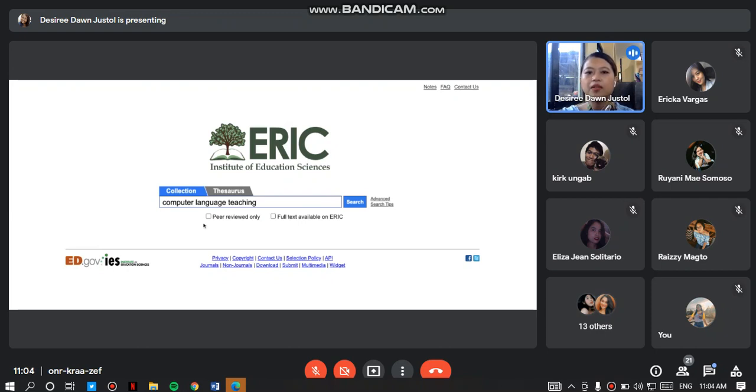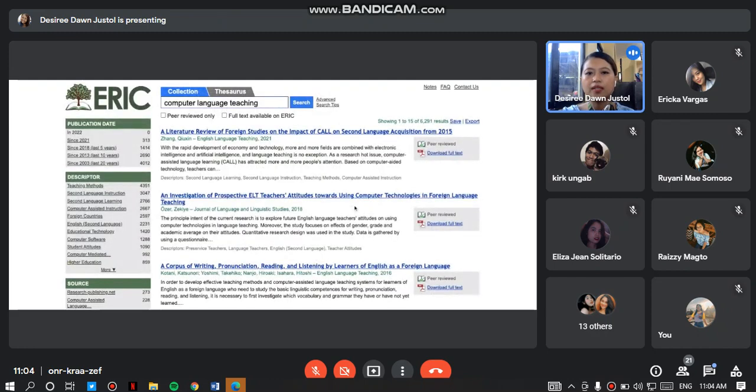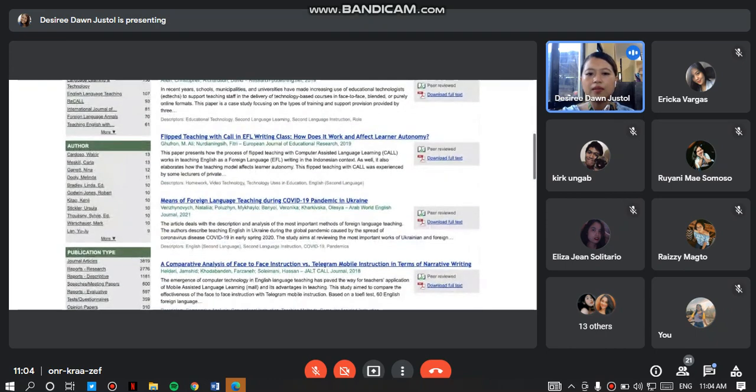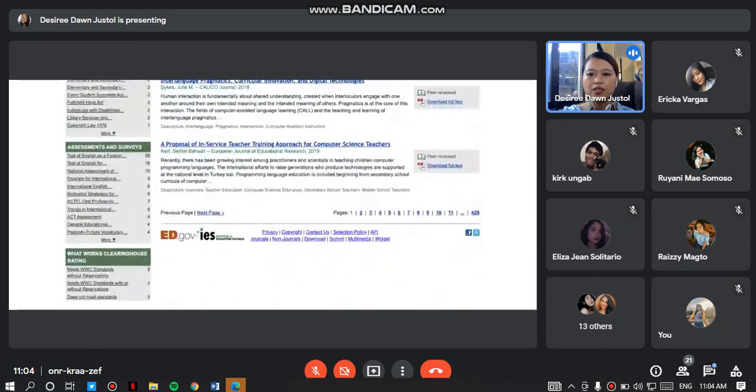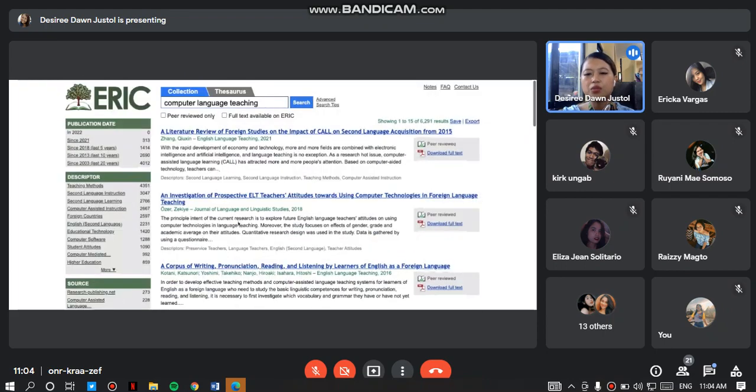So here, for example, computer language teaching. If you search for that, you are going to see thousands of resources, actually more than 420. This would help you look for the different relevant resources.